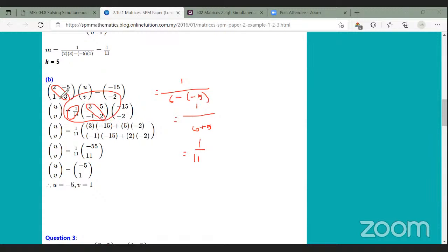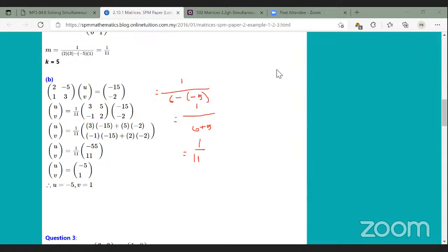And then your B and C, which is your 1 and negative 5, you have to times with negative 1. So negative 5 times negative 1, you'll get 5, and 1 times negative 1, you'll get negative 1. So that's how you get both of these components, which will be your inverse matrix of this one. That is the formula to find the inverse matrix.